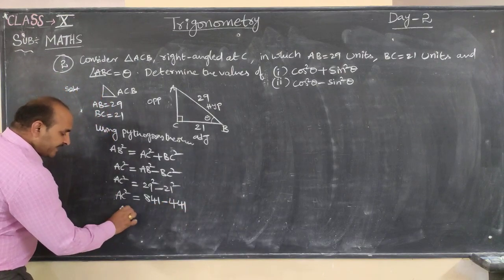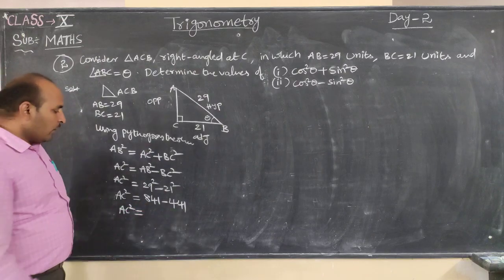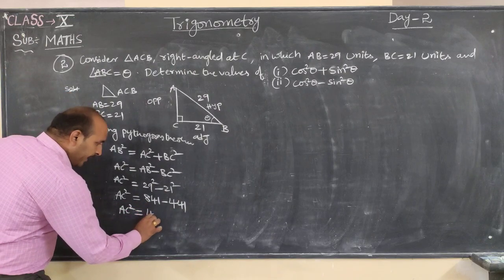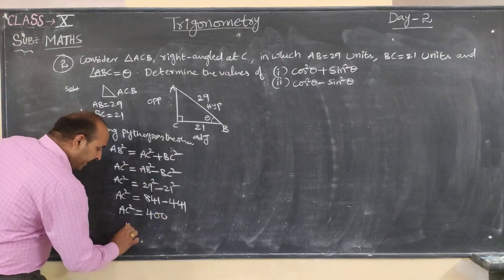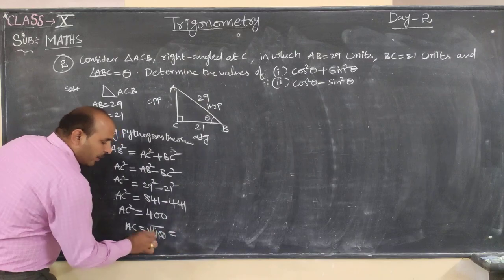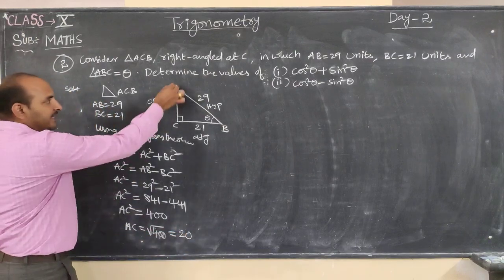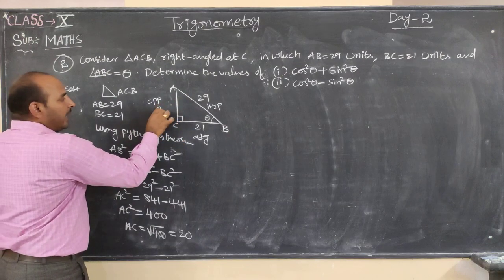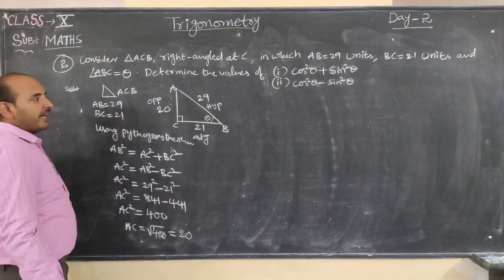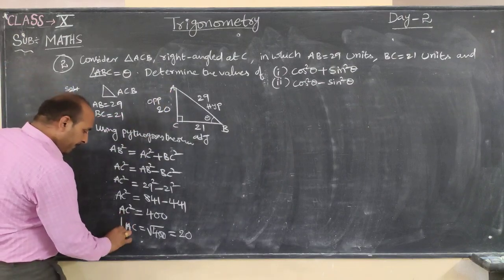AC square is equal to 841 minus 441, which is equal to 400. So now AC is equal to square root of 400, which is 20. So AC side, the opposite side value, is 20.